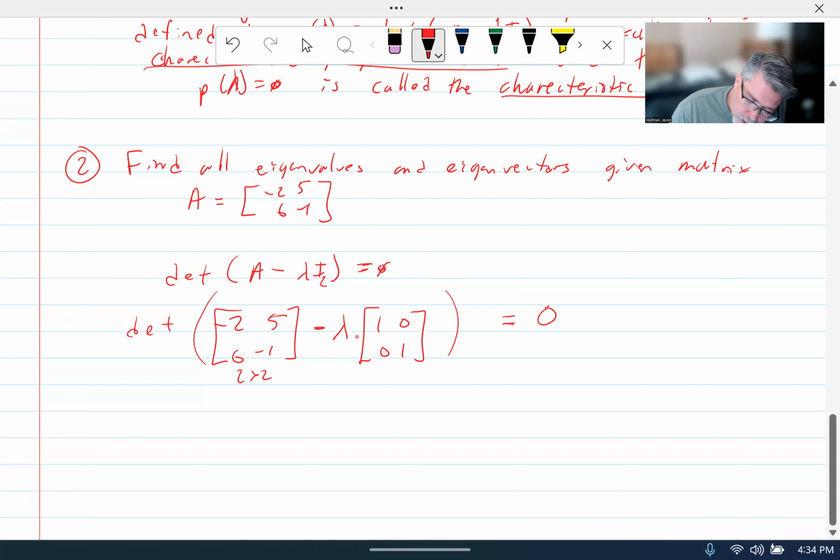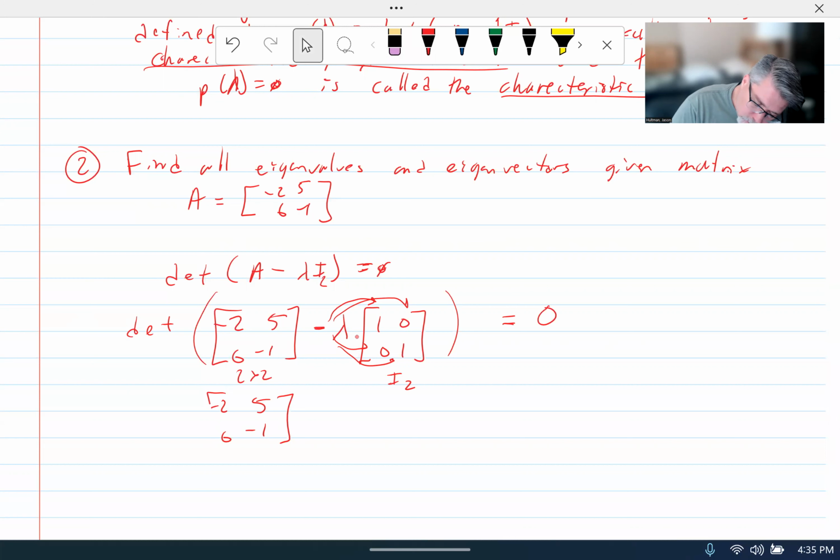So what I'm gonna do is just distribute a negative lambda to each of these elements of I2. And so I'm going to get -2, 5, 6, -1 plus negative lambda, 0, 0, and negative lambda.